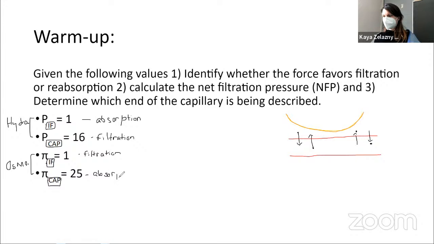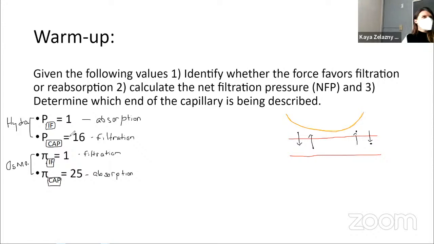Okay. How are we doing so far? Any questions on this part, figuring out those directions and the filtration absorption? Okay. So that's how we look at these forces first. So then our second task is to calculate the net filtration pressure.